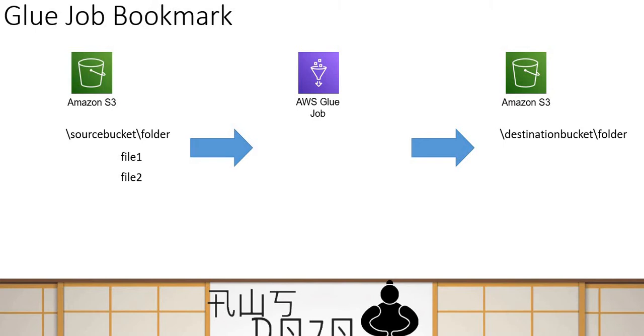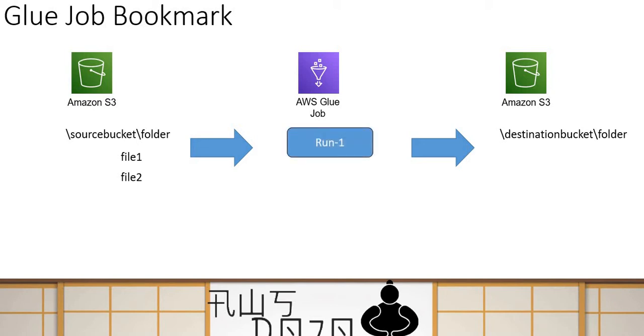In order to understand job bookmarks, let's go through one example. Suppose you are creating a Glue job which runs multiple times based on a schedule. It looks at files coming to some S3 source bucket folder, and then simply processes those files into some destination files in some destination bucket and folder. Suppose you run this Glue job based on a schedule, an event, or on demand.